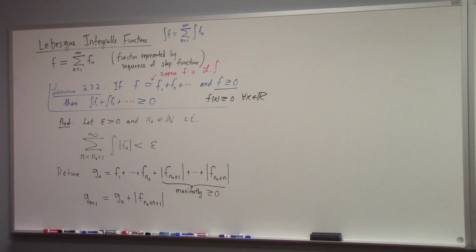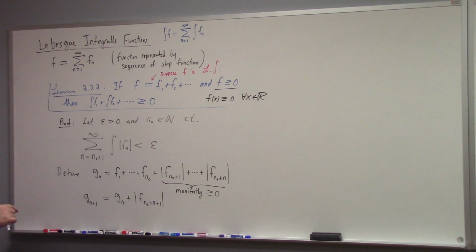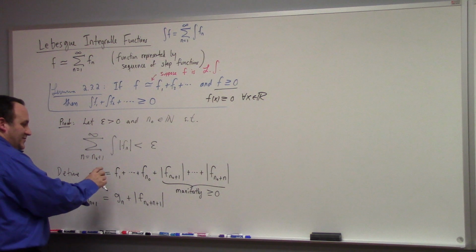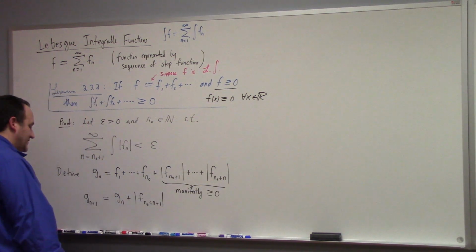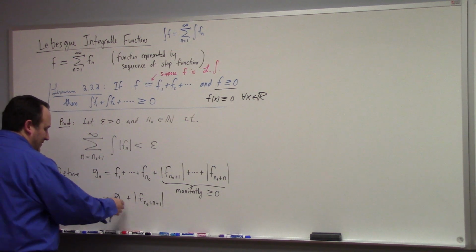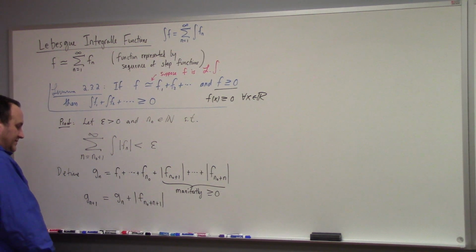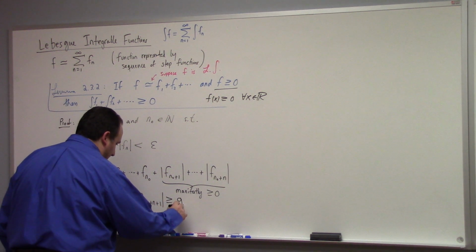It's non-decreasing because this term could be 0. Well, yeah, the sequence is defined in terms of this sum. And the n is only influencing the very last term in some sense. So the next one is just the last one plus a new term. So of course this is going to be greater than or equal to Gn, right?